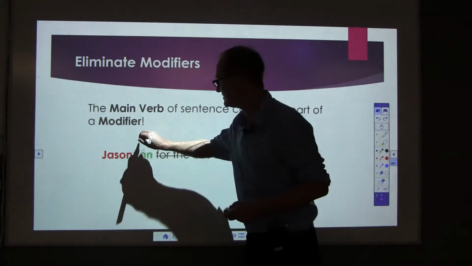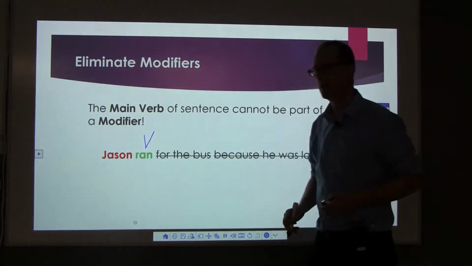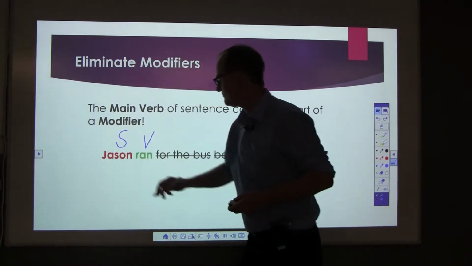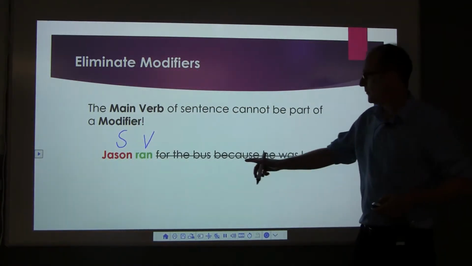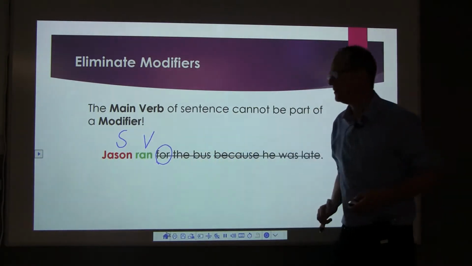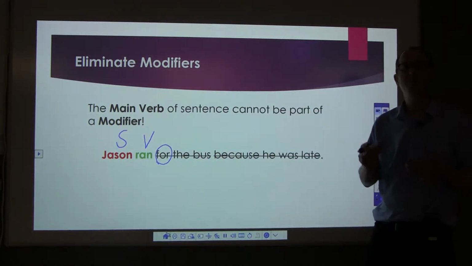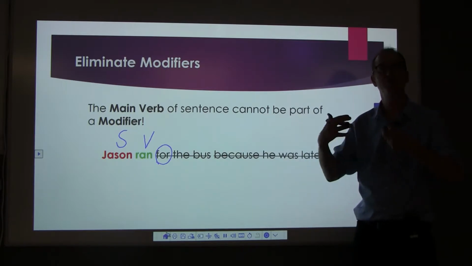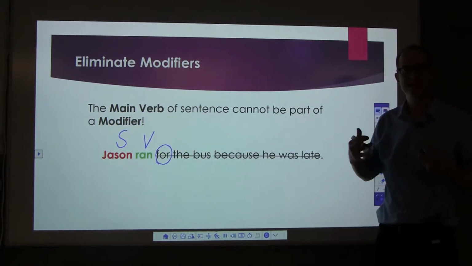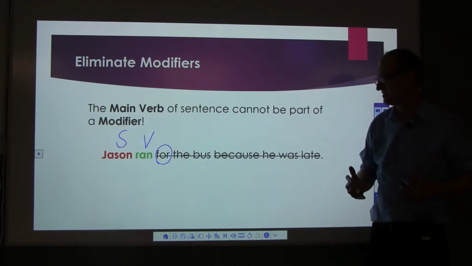Well, in this sentence, ran is our main verb, and our subject is Jason. All right, well, for the bus, the word for is a preposition. It always begins a prepositional phrase, which is a type of modifier. So you could stroke for the bus out. It cannot contain the main verb of the sentence.